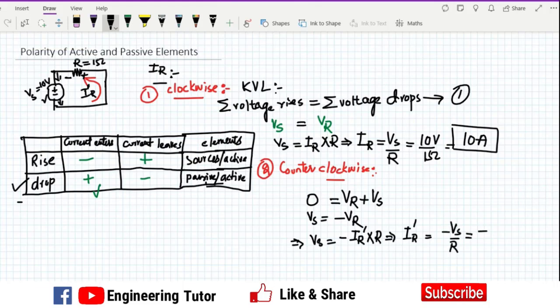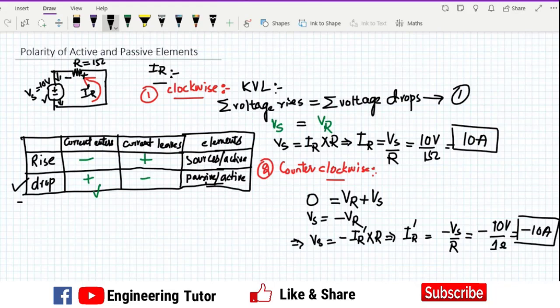Putting the values here, this is 10 volts and this is basically 1 ohm. So now the value will be minus 10 amps instead of the positive 10 amps. So what is the concept here? How come it changes to negative, and what is meant by this negative sign, and what is meant by this positive sign?